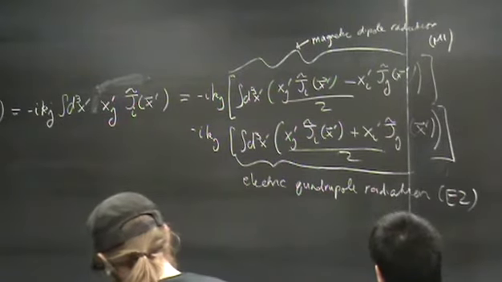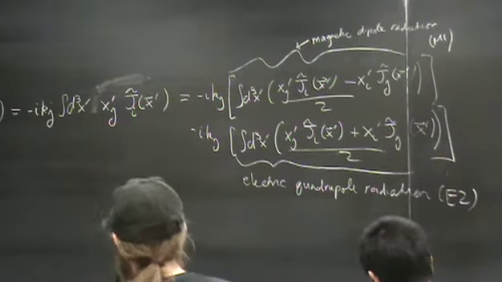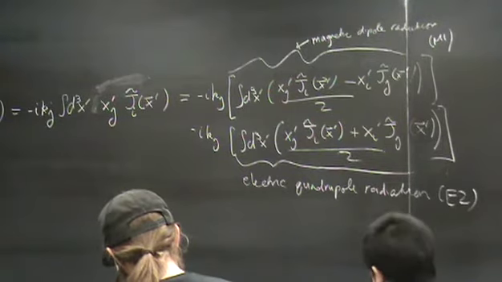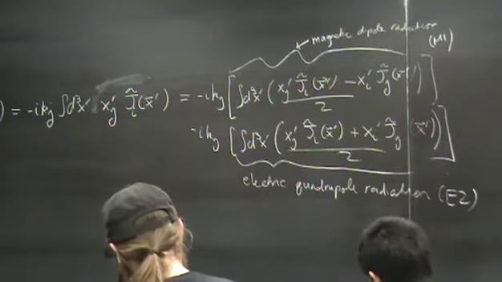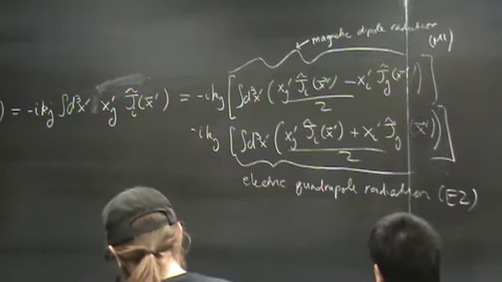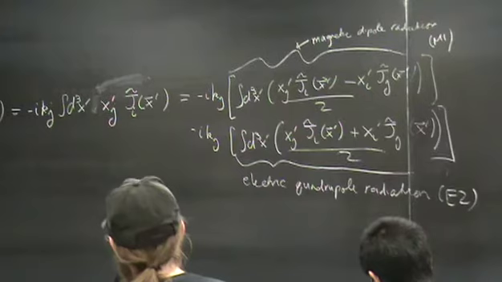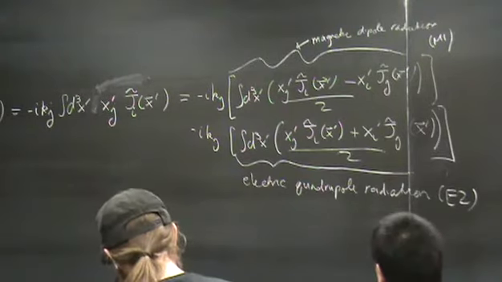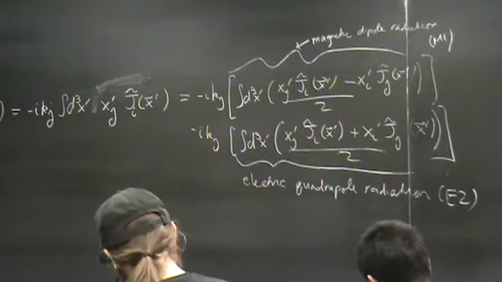They contribute in the same order in the multipole expansion, as we will see. Well, we already kind of have seen that, but we'll understand what that means. What does it mean in terms of contributing in the same order, physically?